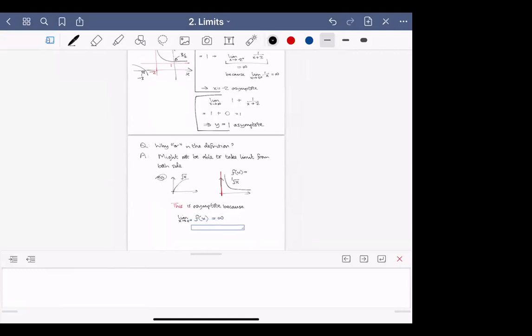So the values of f approach infinity as x goes to 0 from the right.